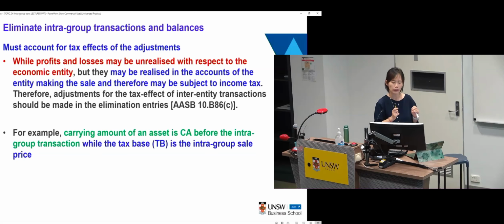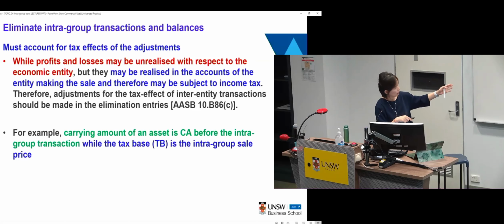Now here we need to understand that each legal entity in the group pays its own tax. So parent and subsidiary are separate legal entities, right? They pay their own tax. The tax is not paid at the group level. The tax is paid by each individual entity in the group. Now, go back to this example.